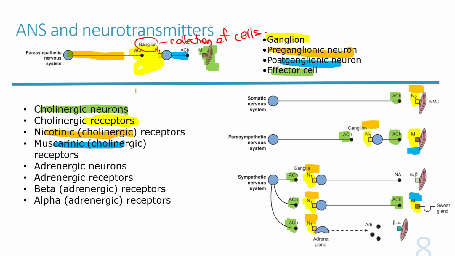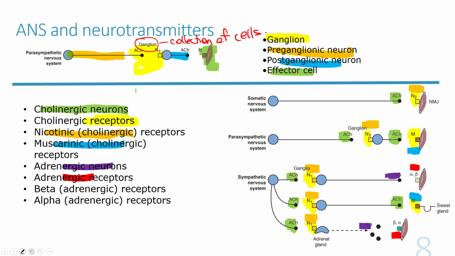And then you've got adrenergic neurons. I'm going to run out of color soon. Adrenergic neurons are neurons that release adrenaline, or epinephrine, or norepinephrine. And adrenergic receptors are those receptors that bind norepinephrine and epinephrine, right?